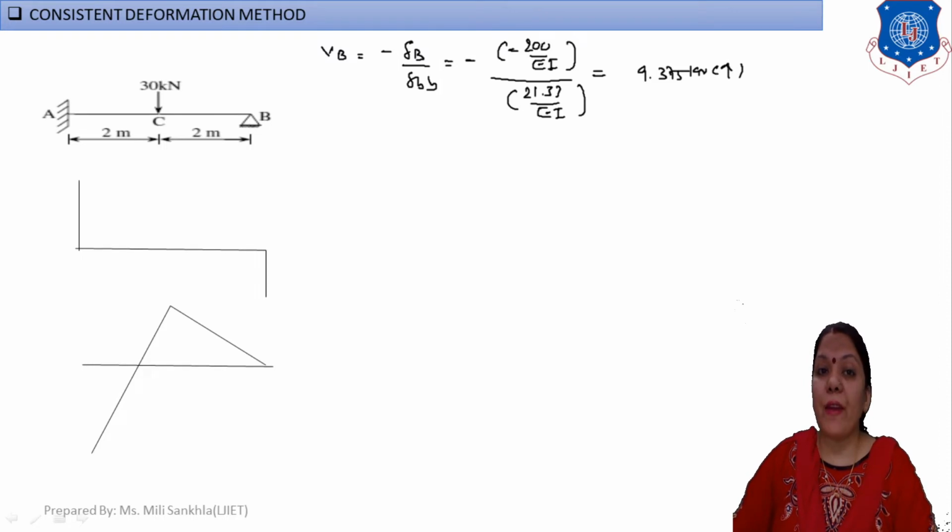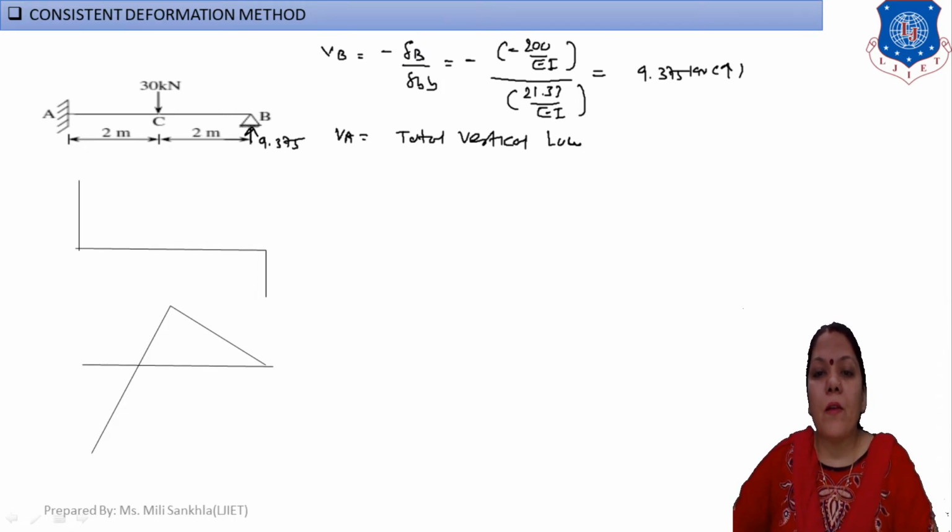Now next we find out VA. Mention here this is our support reaction VB, and its value is equal to 9.375. Now VA, what is the equation of VA? VA is equal to total vertical load minus VB.